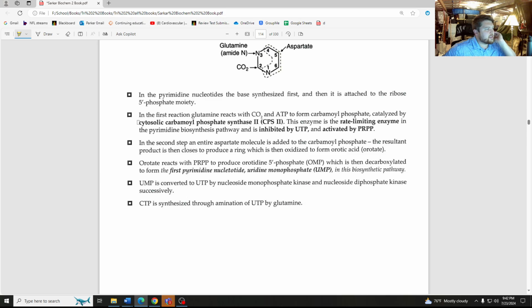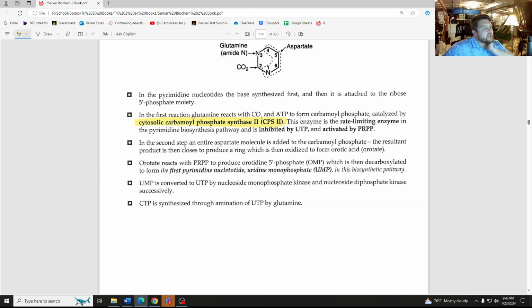This is an enzyme that we have seen before, in that carbamoyl phosphate process. I want to say it was chapter 7, I believe, where we talked about the whole process in the mitochondria to the cytosol.